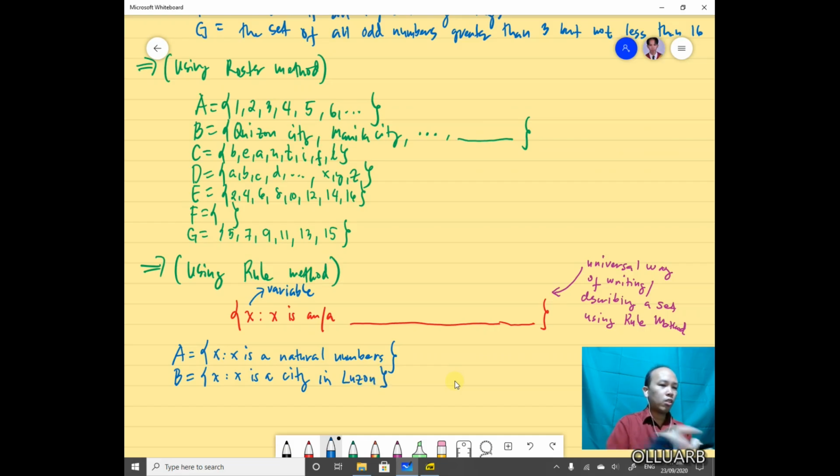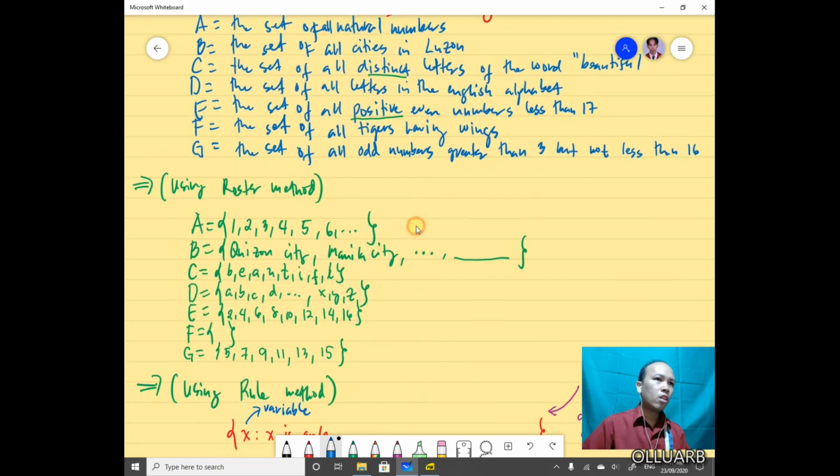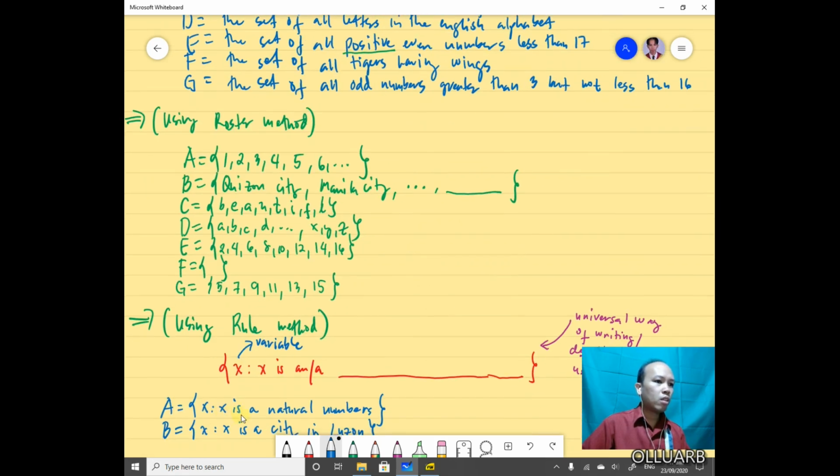You cannot write it this way, like the example in set A: the set of all x such that x is all natural numbers.